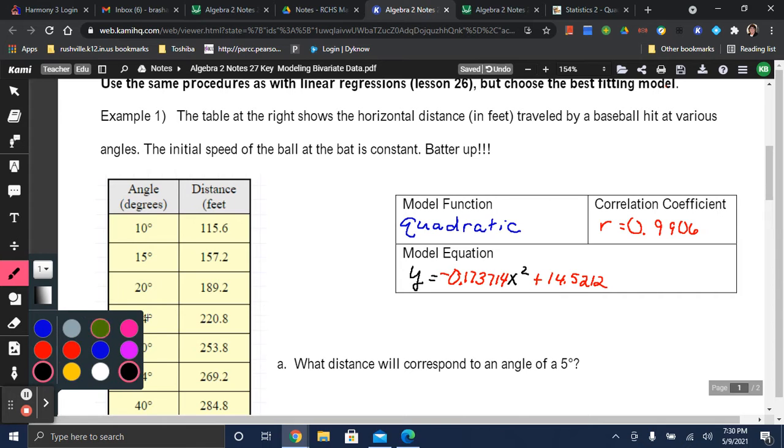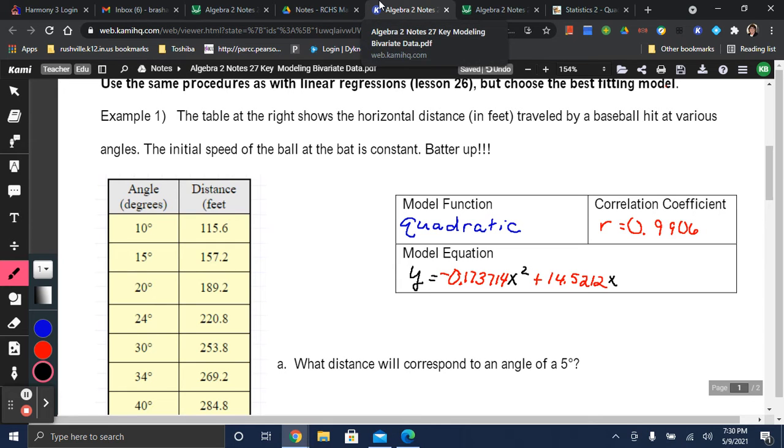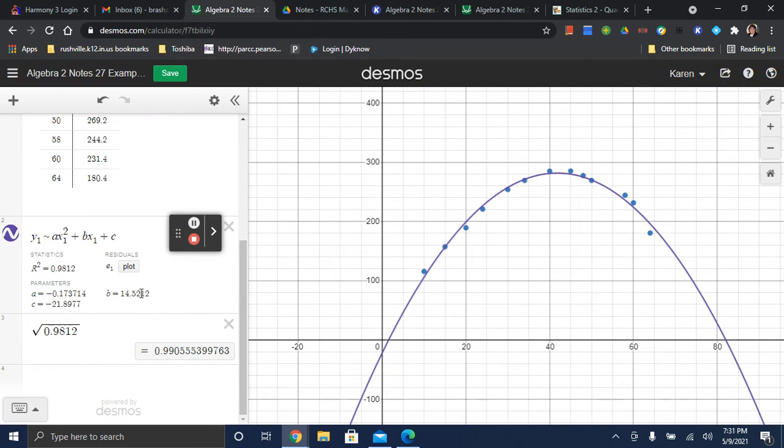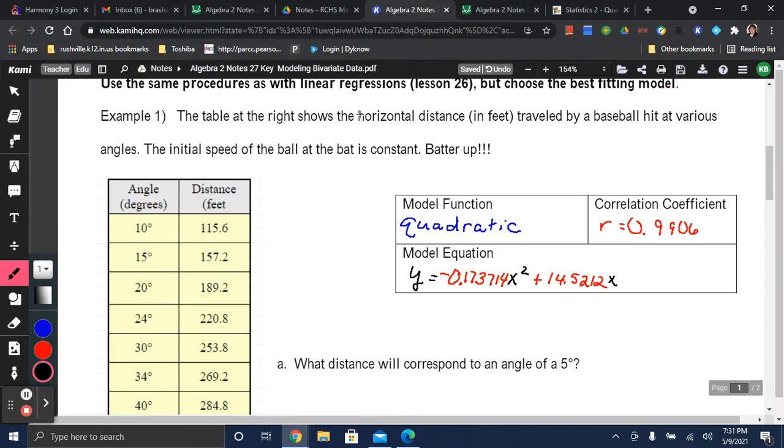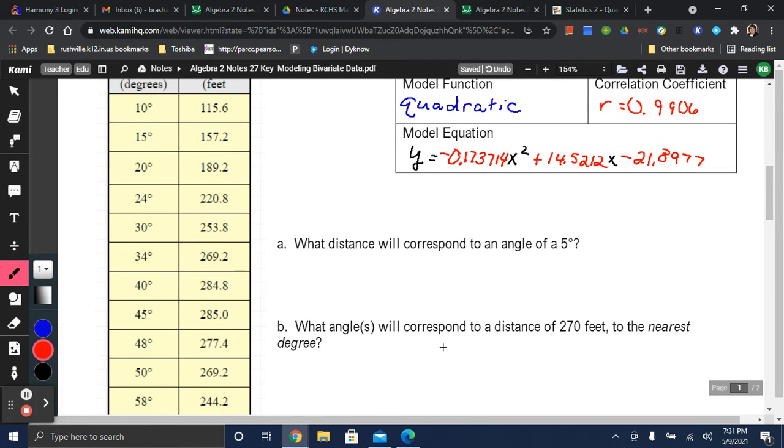Remember that after B comes the x. And then finally, you'll have your C term, which in this case is negative 21.8977. That is the model equation that we will use as we answer our questions.